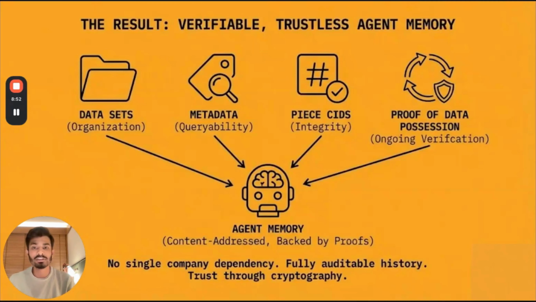That's the perfect foundation for agent memory that will outlast whatever database you would otherwise be backing up with. So that was all about how you can use FOC to elevate the experience of your AI agents and have the entire identity of AI on chain.